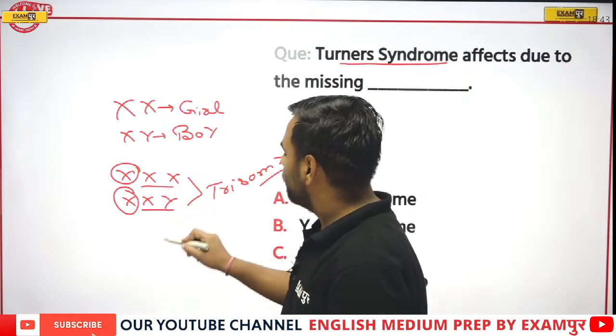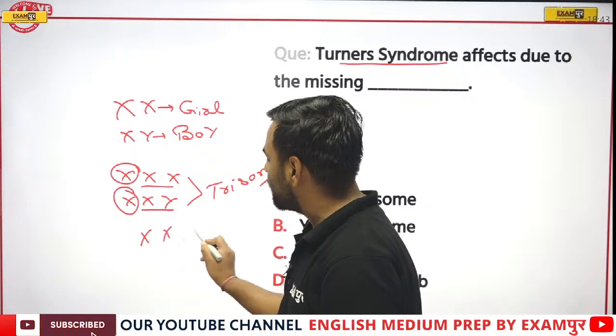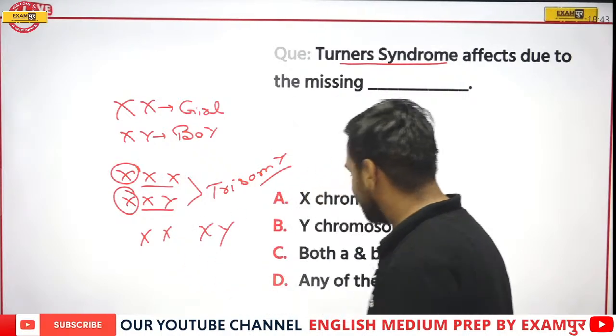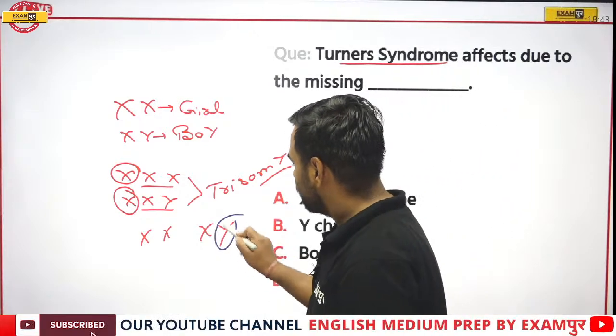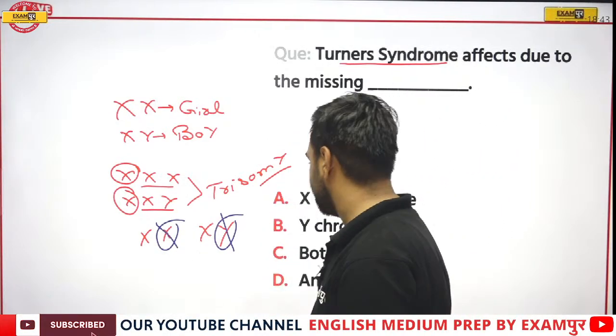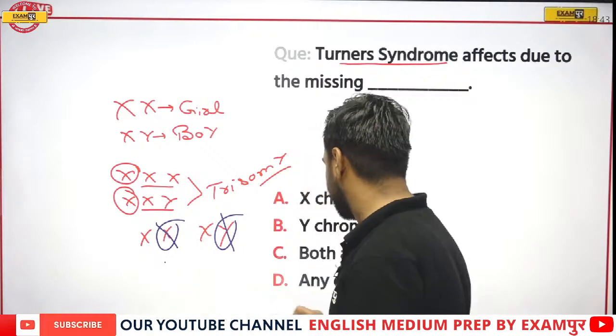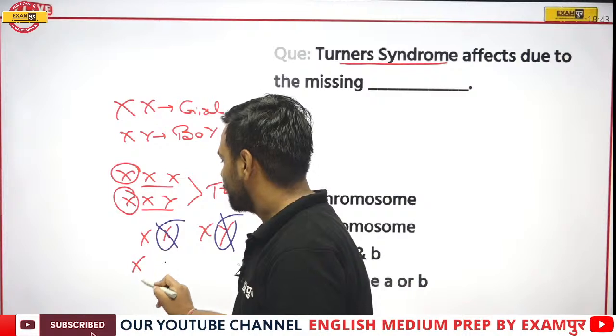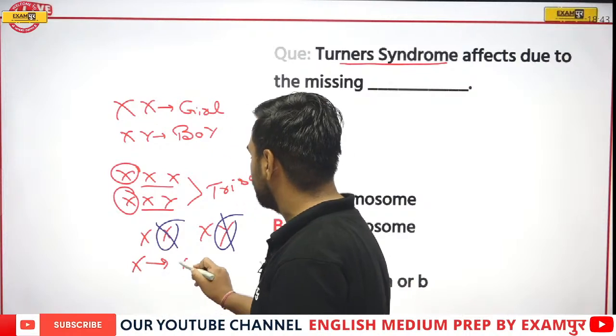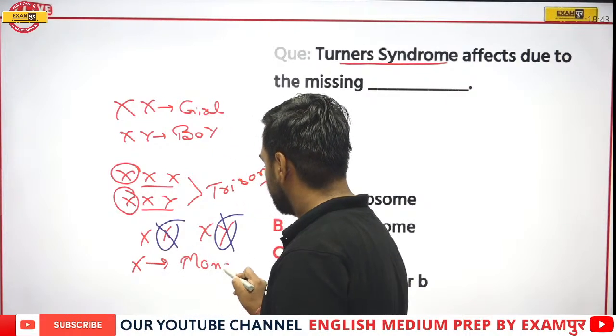What if we have XX or XY, but in spite of that, we have only one, that is just X? I'll write it with the red pen. If there is just X, it will lead to monosomy.